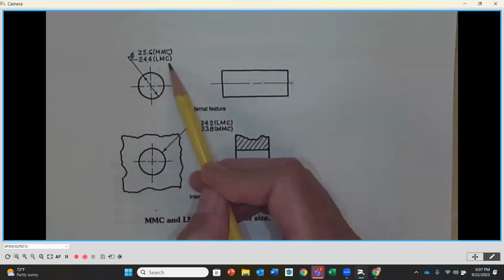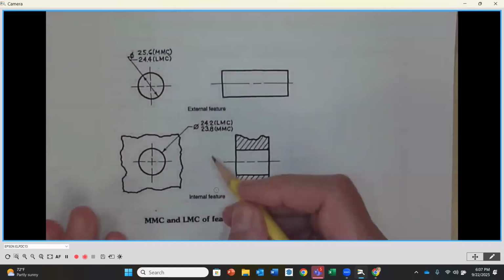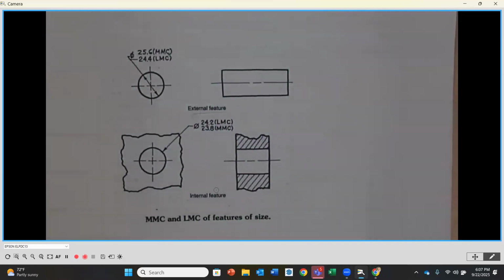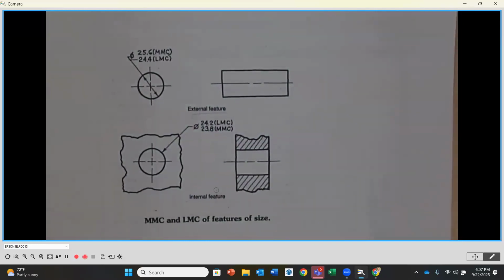Now, the LMC for an external feature is going to be its smallest size. So I like to say that external features go along with the verbiage of maximum and least. Maximum material condition for externals is always going to be the largest. Least material condition is going to be the smallest. Okay.